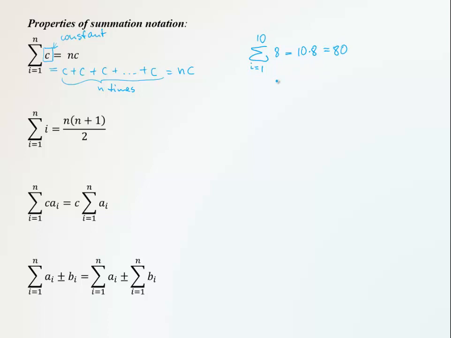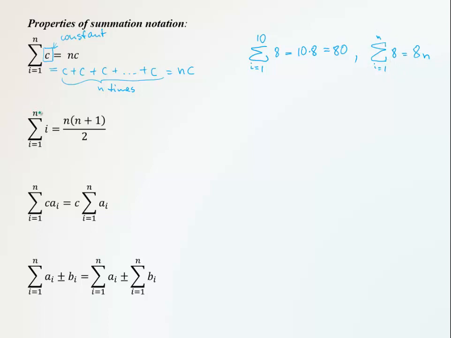However, if this 10 is not specified here, if I have just a sum from I equals 1 to n of 8, that will be 8 times n, an expression that means the same as this sigma notation.